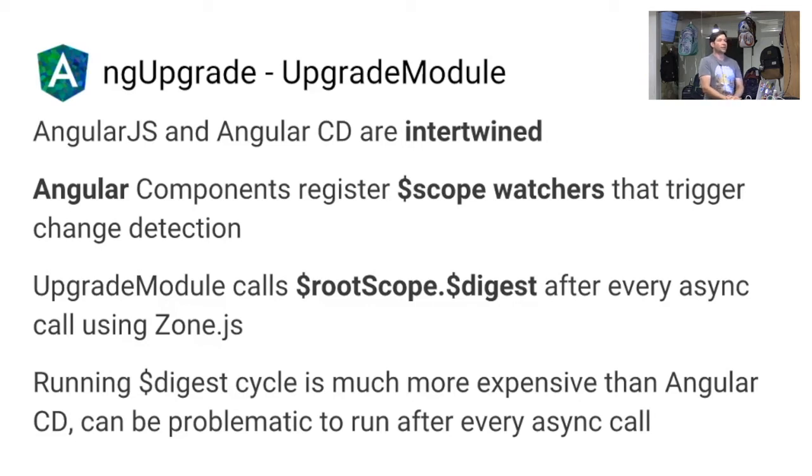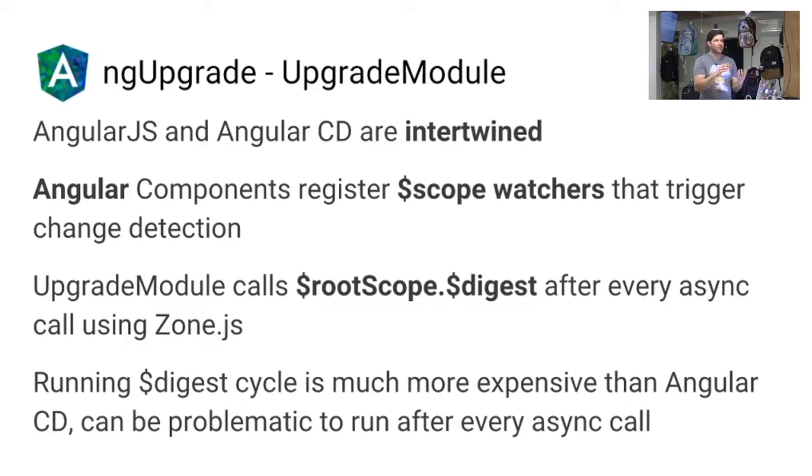All right, so ng upgrade. There are two flavors of ng upgrade. One is upgrade module. This is the standard thing that you've probably seen before if you've looked at running an ng upgrade app. What ng upgrade does is it intertwines the change detection of AngularJS and Angular.